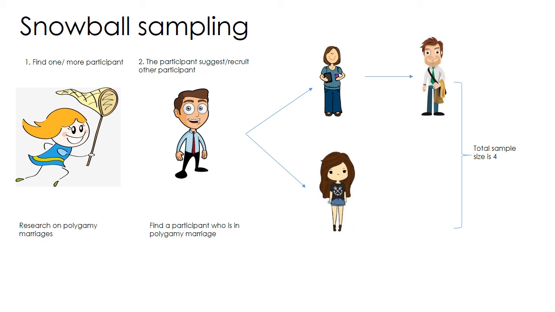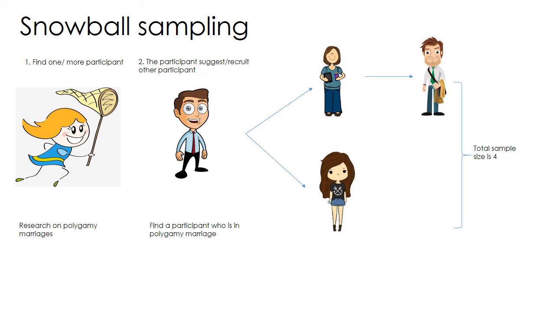In this example, if you notice, this man has introduced two participants to us, which are these two ladies, and the first lady has introduced another man. So it is actually growing. It's like you're getting recruitment or suggestions of participants from the participants themselves.